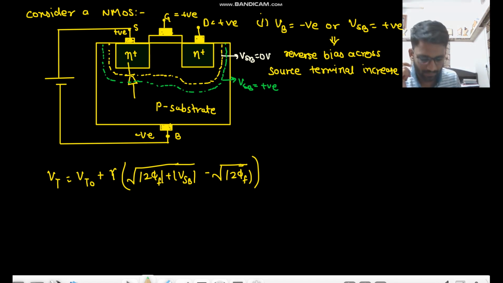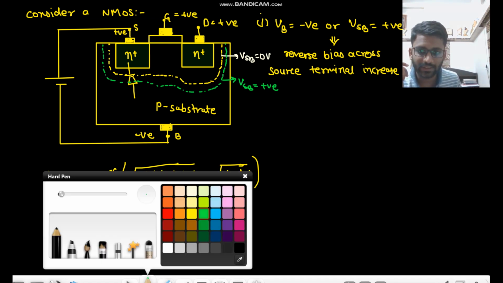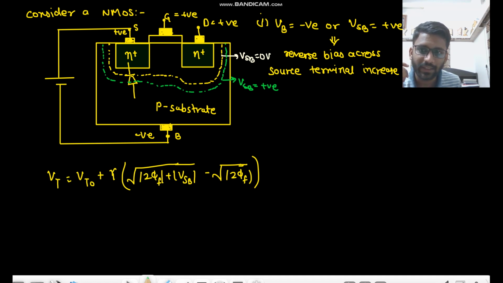If the depletion width is increased, we have plus here and minus here, so the electric field near the source side increases.